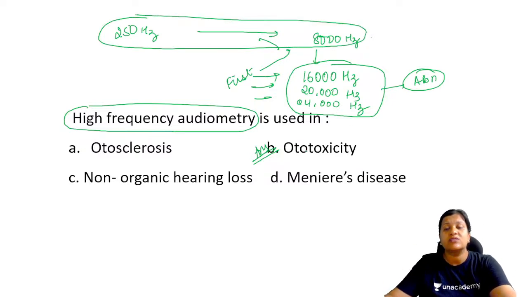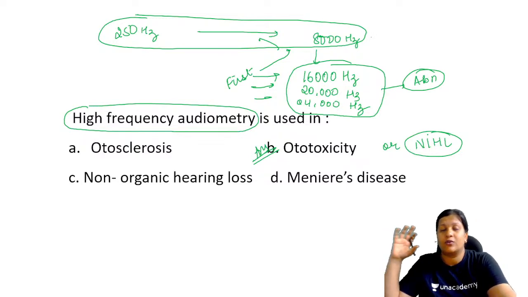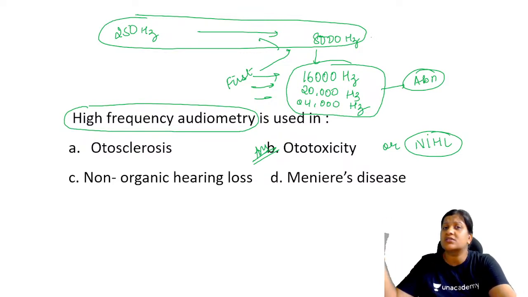So we do this for ototoxicity, or the other condition where we do it is NIHL, noise induced hearing loss. So those people who are working in an environment like in mining or aircraft industry, or they're musicians, or they go into discos where loud sound is there.